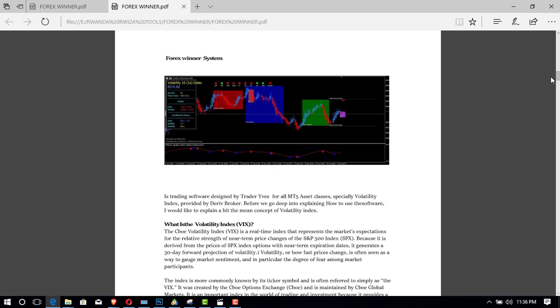So first you have to know what the volatility index or VIX is.